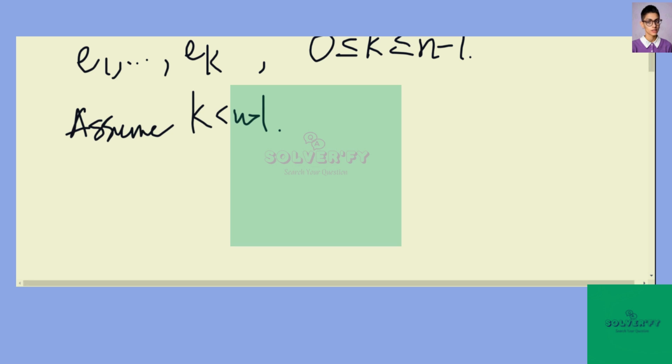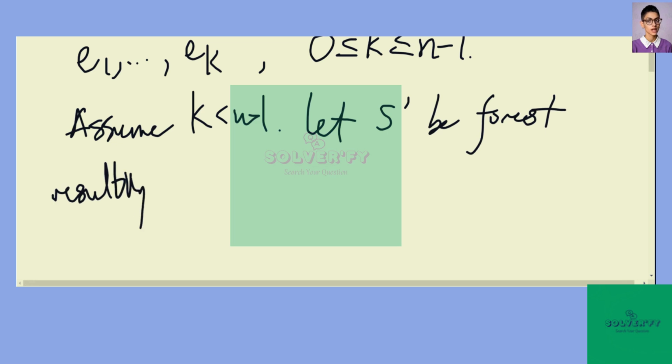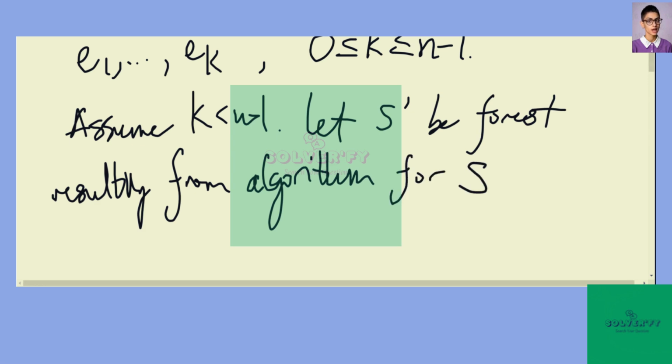Now let S prime be the forest resulting from Sollin's algorithm for S, at the stage before the edge EK plus 1 is added.